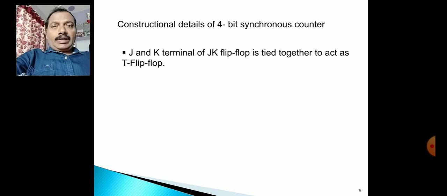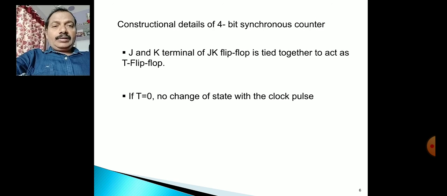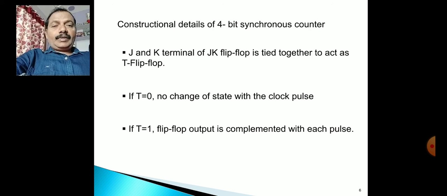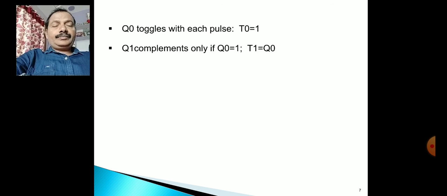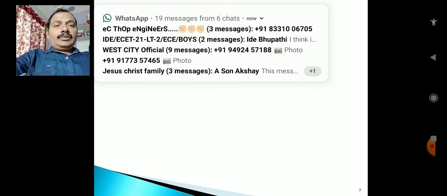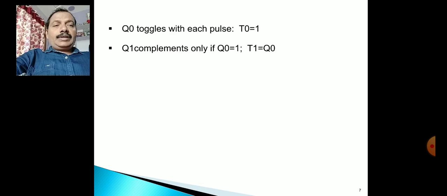So directly we have taken the T flip-flop example. If T is 0, there is no change of state with the clock pulse. If T is 1, the flip-flop output is complemented with each pulse. So now Q0 toggles with each pulse because T0 is 1. Q1 complements if Q0 is 1, since T1 is Q0.